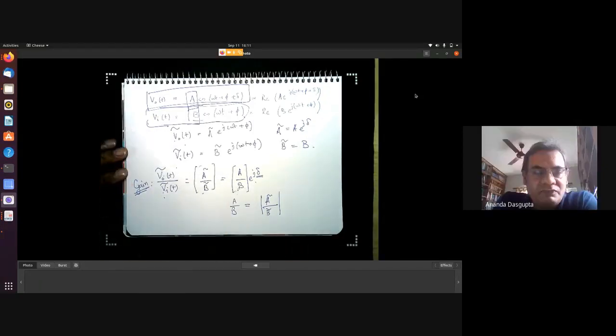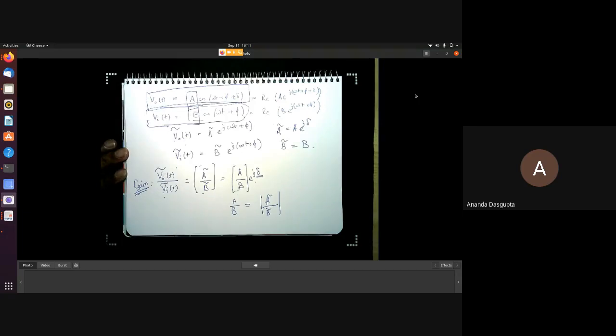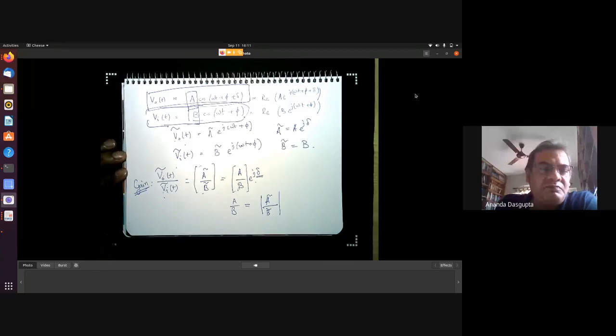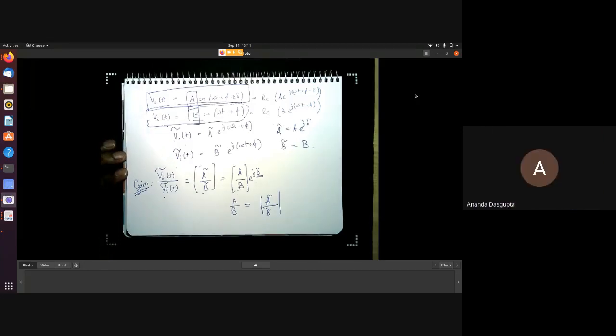The gain is not output by input, because the output by input of course fluctuates badly with time, right? Unless of course there is zero phase shift between output and input, the output input ratio will be another complicated function of time, dropping to 0 at times, shooting off all the way to infinity at times, jumping from plus infinity to minus infinity, and doing all kinds of crazy things. That's not what you call the gain.